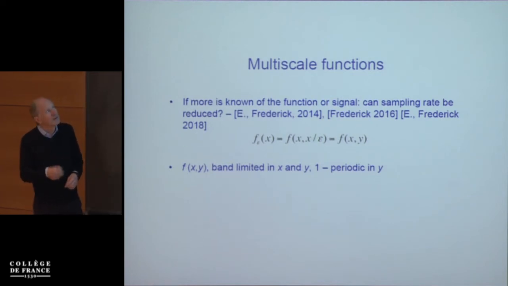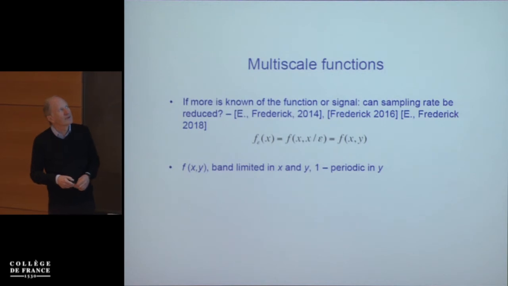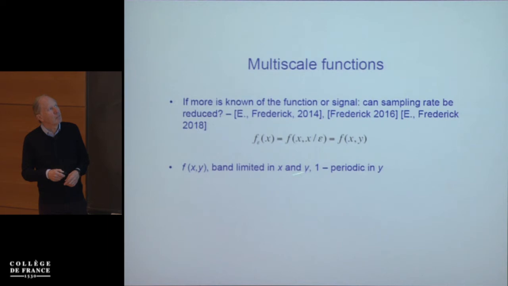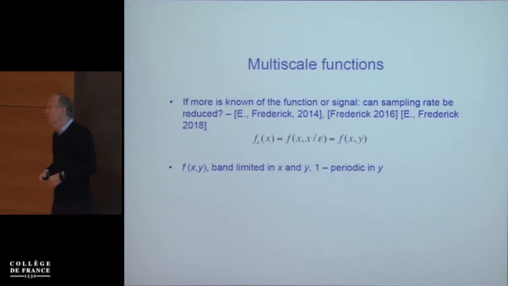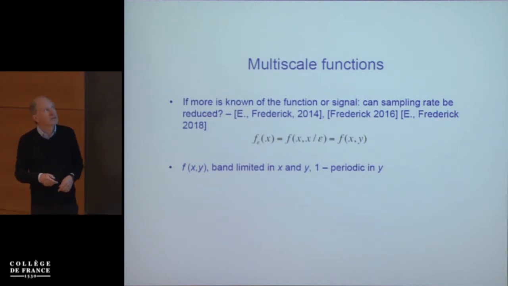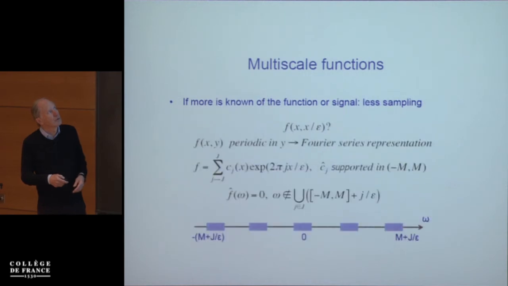I looked at this with Christina Frederick, and we would assume band limited in both variables, otherwise we cannot do anything in terms of this theory, and then periodic in the second variable. So this is what we'll look at.